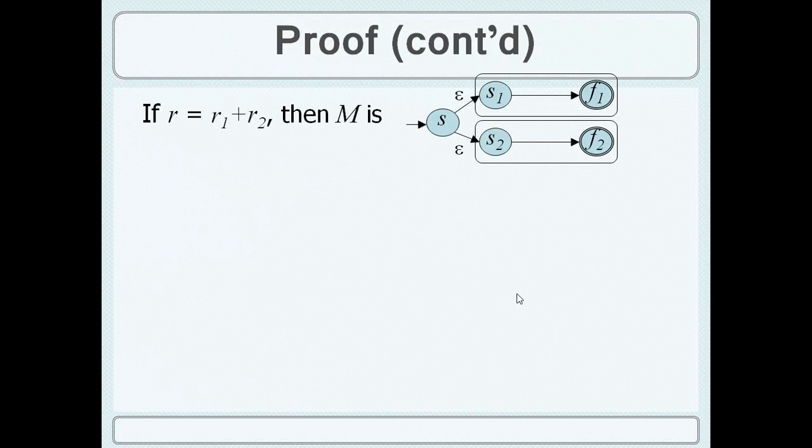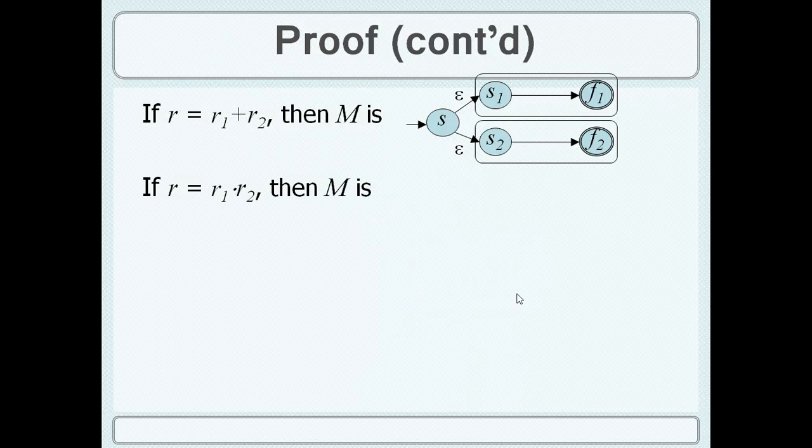Now if R is equal to R1 plus R2, then M is shown in the figure. For R1 we have the starting state S1 and final state F1. For R2 we have the starting state S2 and final state F2, and both are connected through a new starting state S with two transitions. Both are epsilon, that is, null transitions.